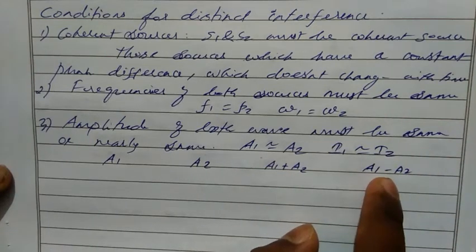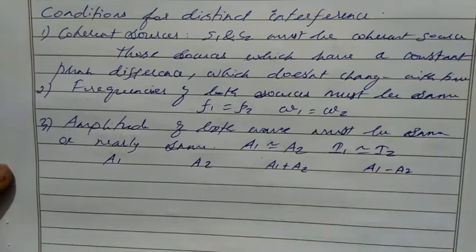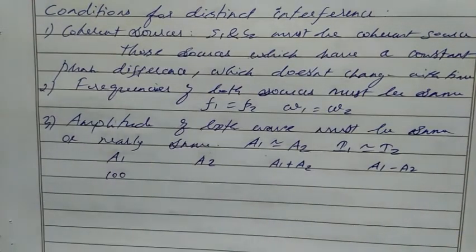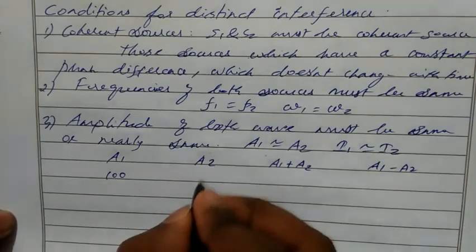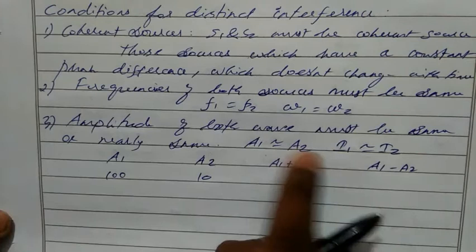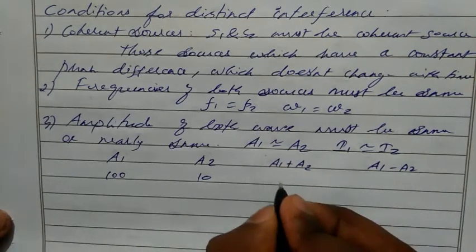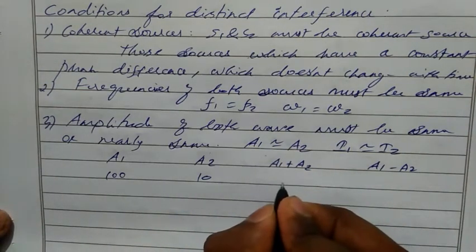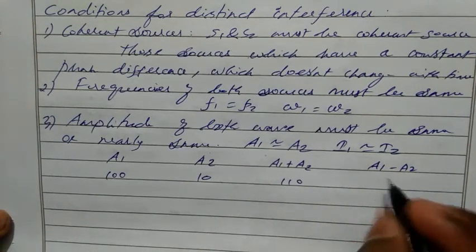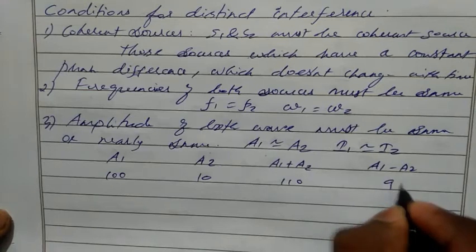If subtracted, we have destructive interference. For example, take the amplitude of the first light as 100 units and the amplitude of the second light as 10 units. Then for constructive interference, I get 100 plus 10, which is 110. For destructive interference, I get 100 minus 10, which is 90.